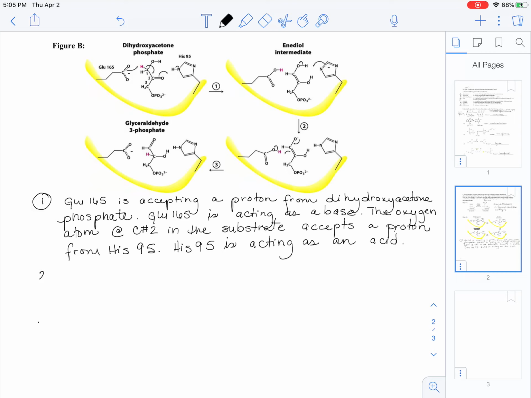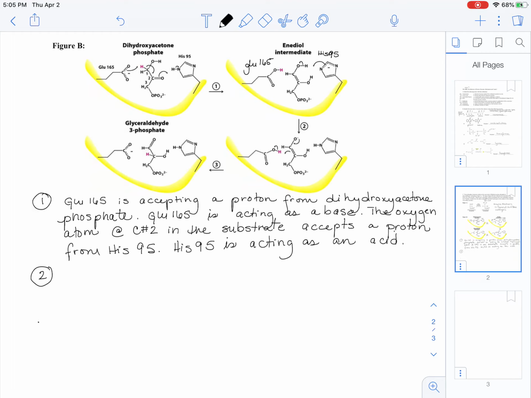Let's move on to step 2. One of the things you should observe is that even though they're not labeled, this is still glutamate 165 to the left, and this is still histidine 95 to the right. The residues haven't changed. Now, in step 2, glutamate 165 is not doing anything. The main exchange is between the intermediate, called an enediol intermediate, and histidine 95.